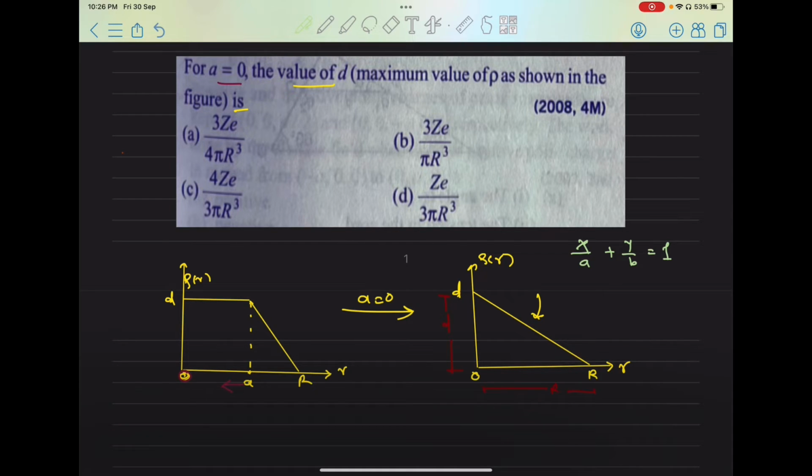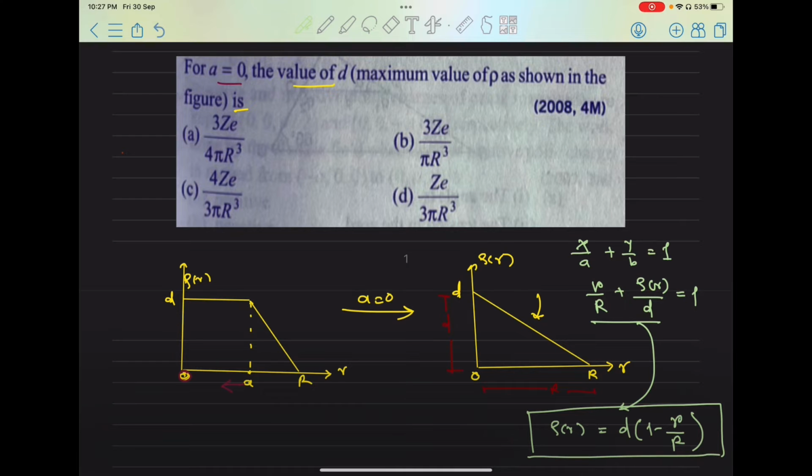Okay, and for our graph, x is small r, A is capital R, y is rho of r, and B is nothing but small d, which is the intercept on the y-axis. Okay, so we will find rho of r from this equation as small d times (1 minus small r upon capital R). This is our rho of r.